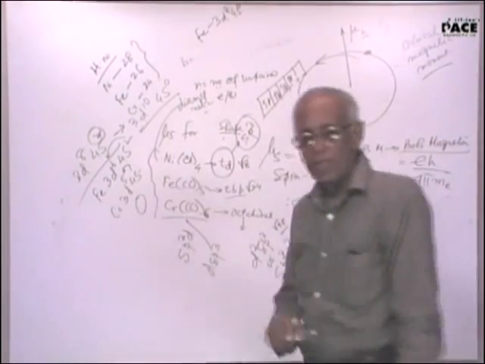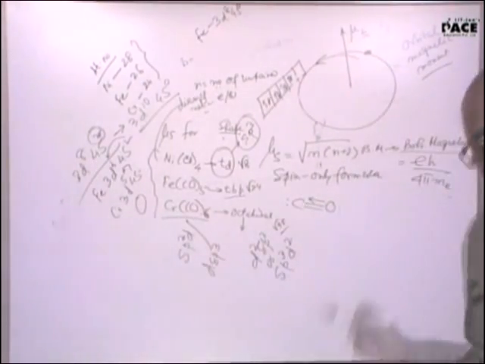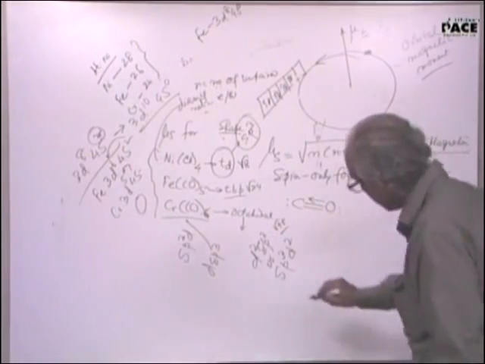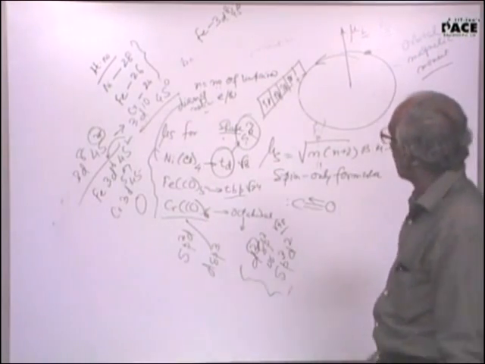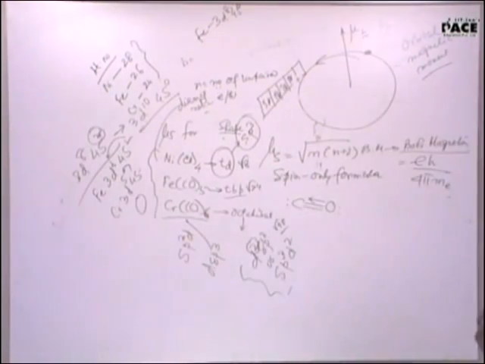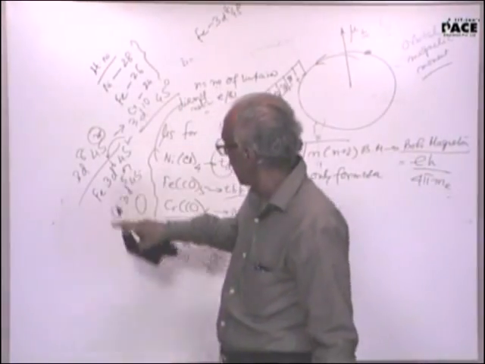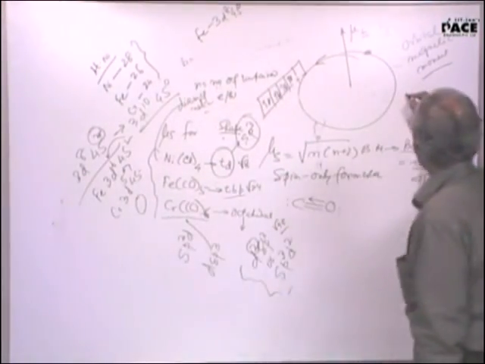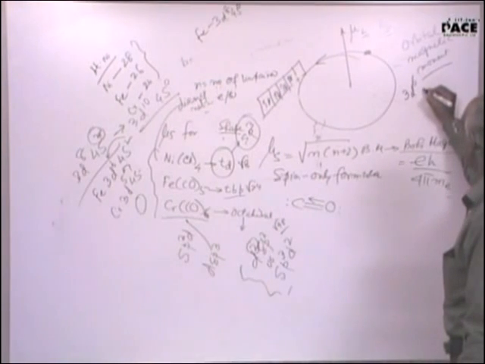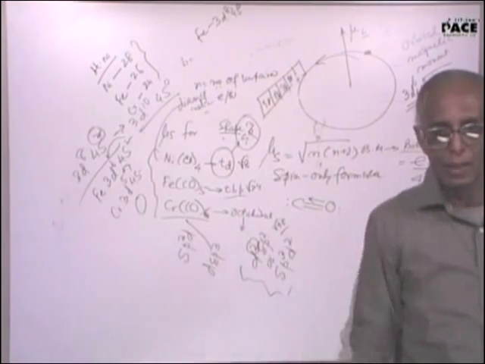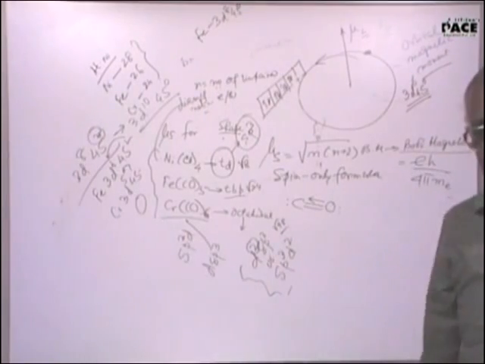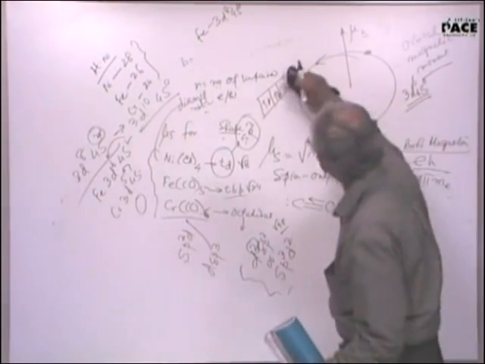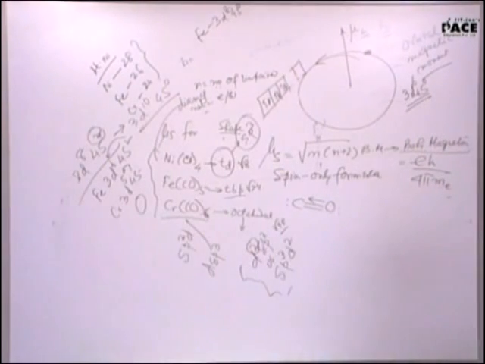Now you see, in chromium hexacarbonyl, how many d orbitals do I require? Two. When chromium had 3d5 4s1, it becomes 3d6 4s0 when I transfer the electron from S to D, and then I pair all the electrons in 3 orbitals.